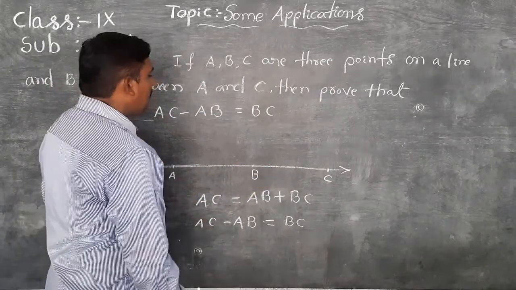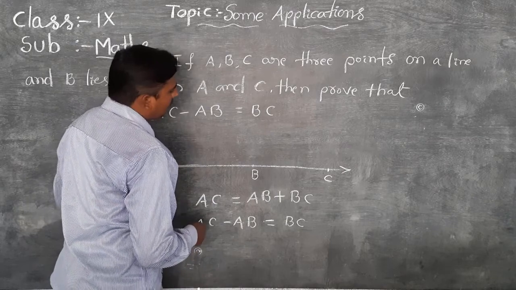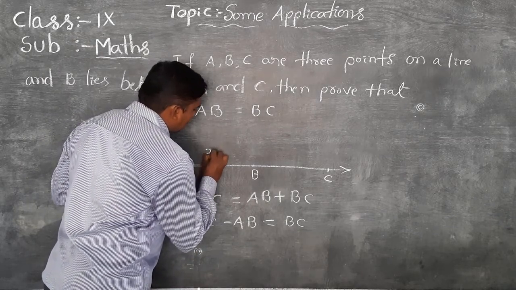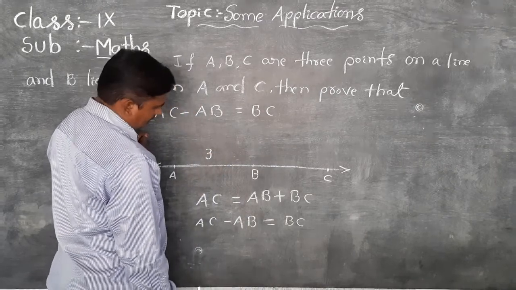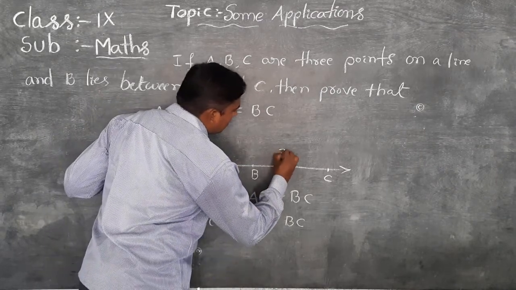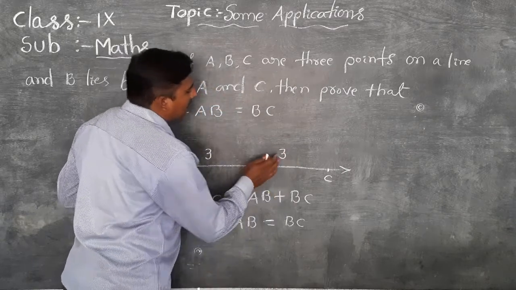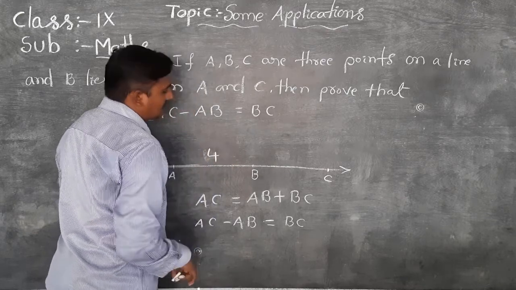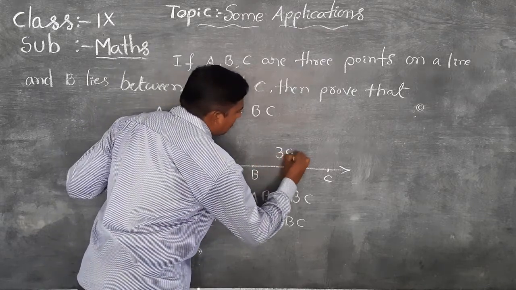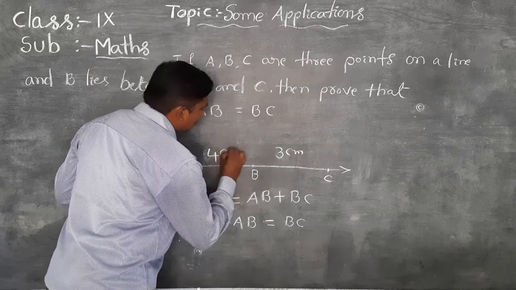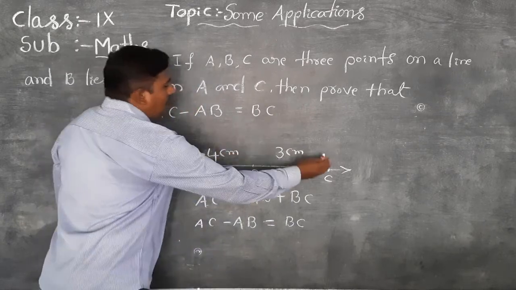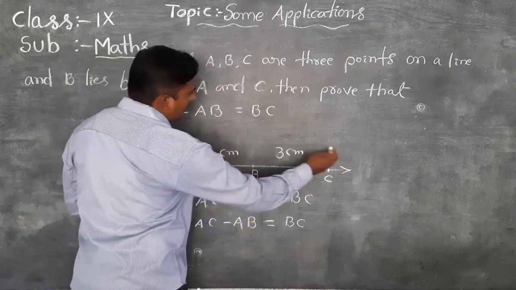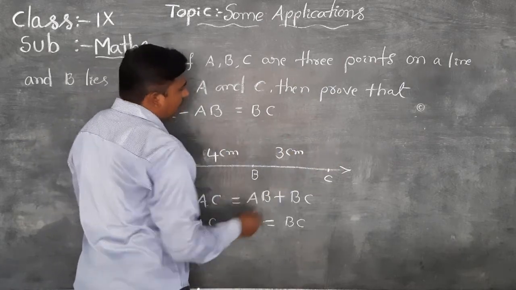For example, we will take any value. Here this is 3 centimeters, or some different value is also possible. Take 4 and 3: here 4 centimeters, here 3 centimeters. How much will the total be?